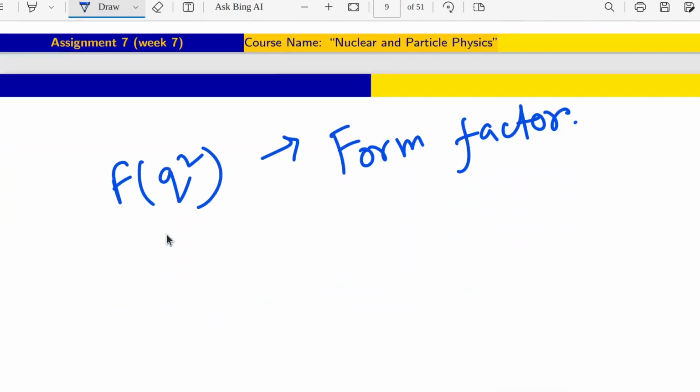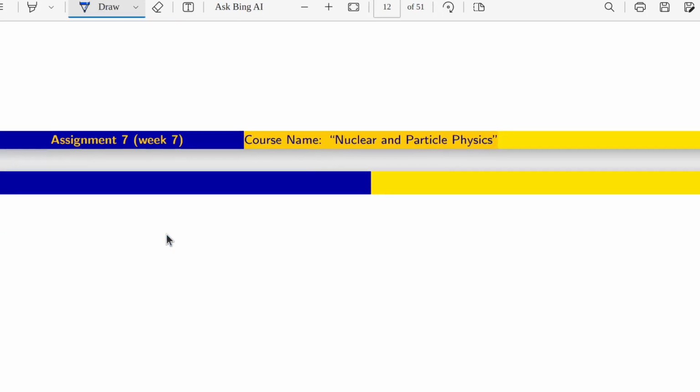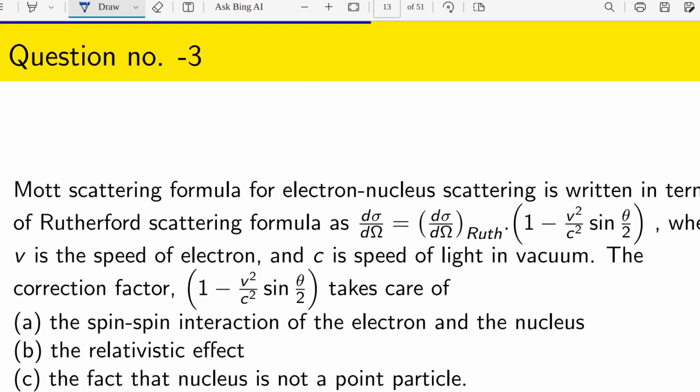Fine, this is a very simple question. Now we will talk about the third question. In the third question you can see the Mott scattering formula for electron-nuclear scattering is written in terms of the Rutherford scattering formula as d sigma d omega equals d sigma d omega Rutherford into 1 minus v square by c square sin square theta by 2, where v is the speed of electron and c is the speed of light in vacuum.